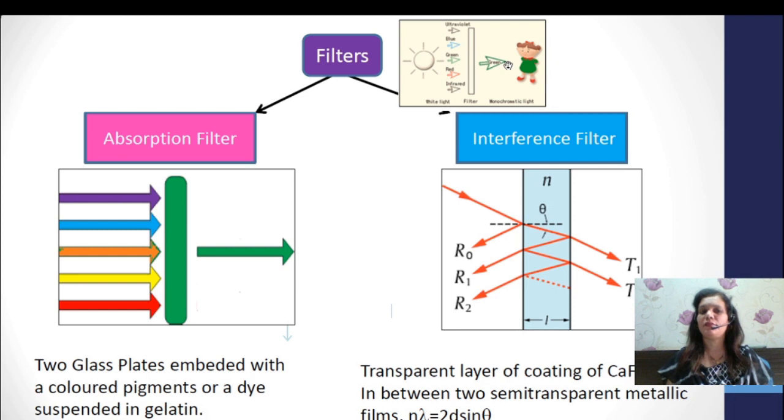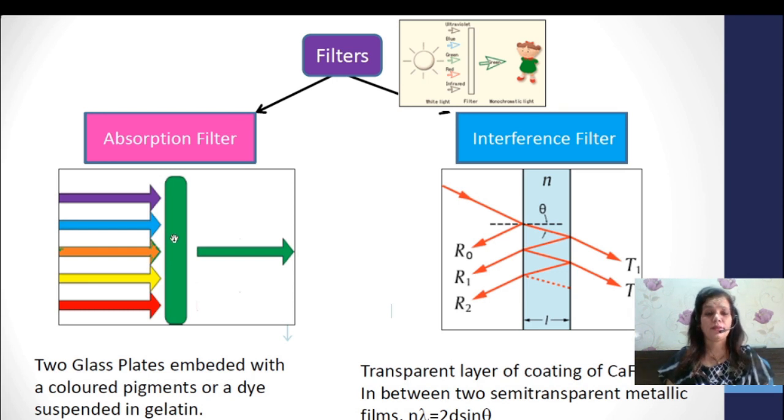So there are two different types of filters. One is the absorption filter. The name itself tells that it absorbs all other radiations and allows a single radiation to pass from it. We can construct this filter by simply taking two glass plates imbibed with a colored pigment or dye suspended in gelatin.